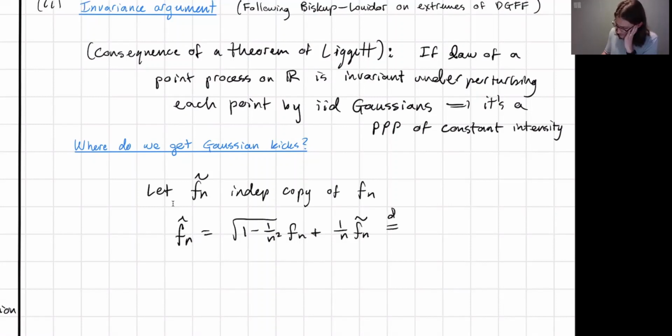Because it's Gaussian, this is equal in distribution to our field Fn. So here we have a coupling between two identically distributed Gaussian fields.